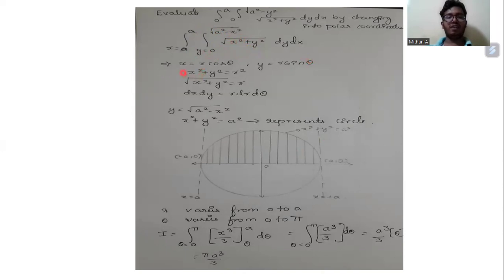First we take x = r cos theta, y = r sin theta. So we have x square plus y square is equal to r square, so the square root acts as r.